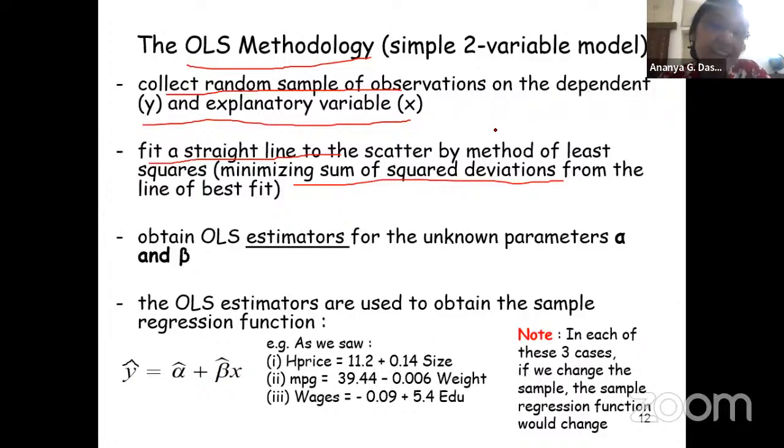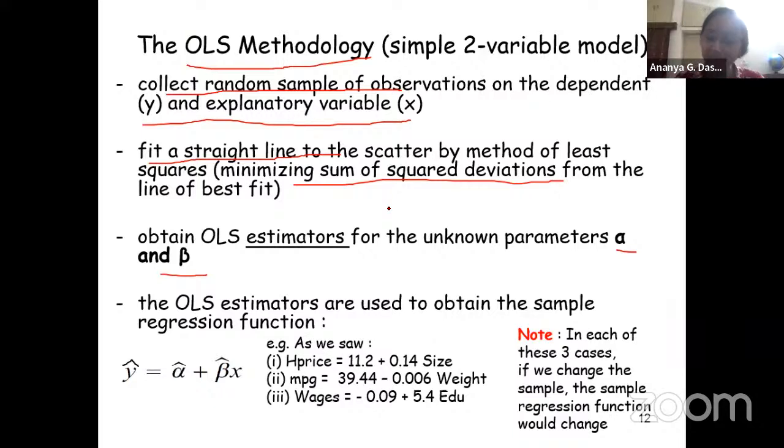Okay. Now, once we have got our line of best fit, we basically have an intercept and a slope. And the OLS estimators for the intercept and slope of the straight line are obtained through this method of least squares.